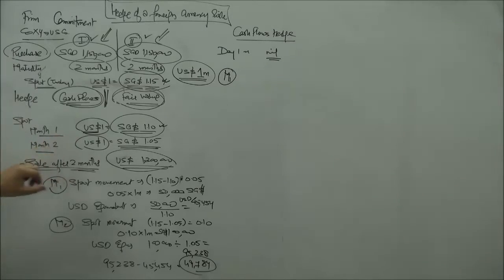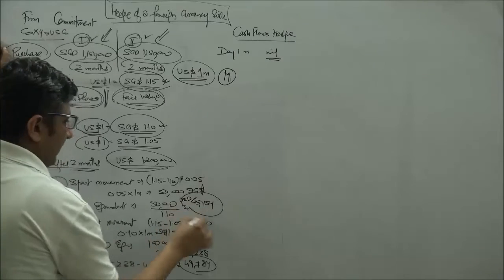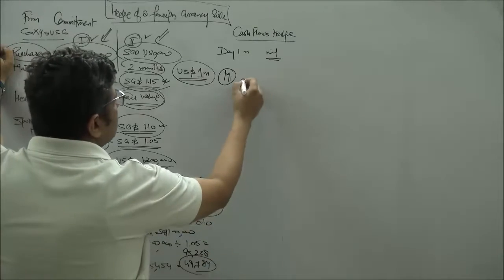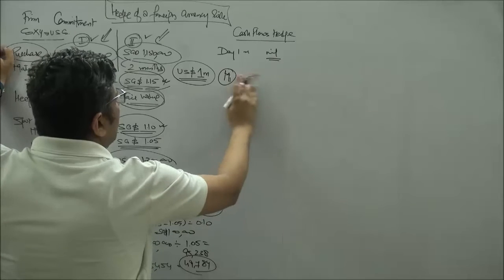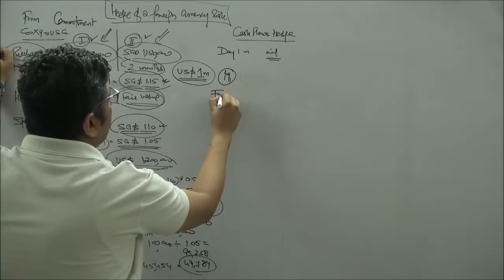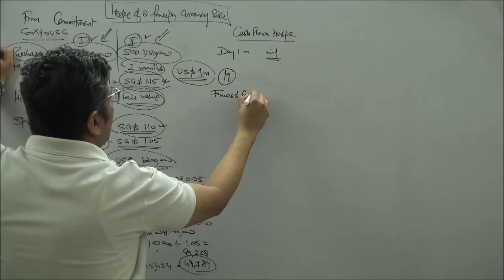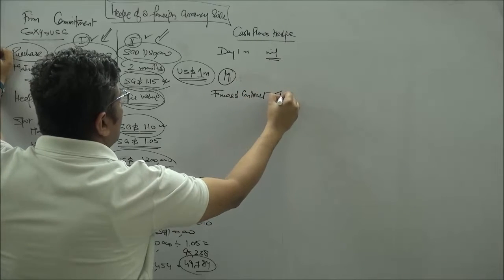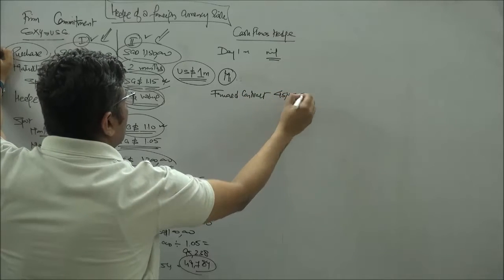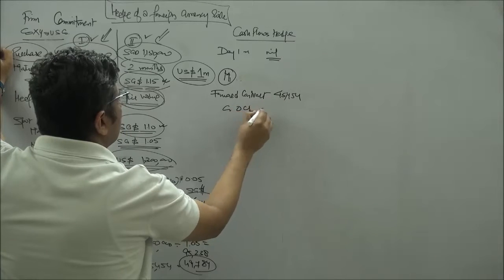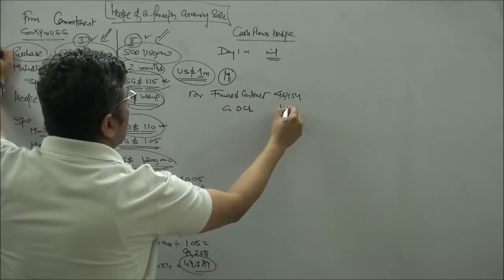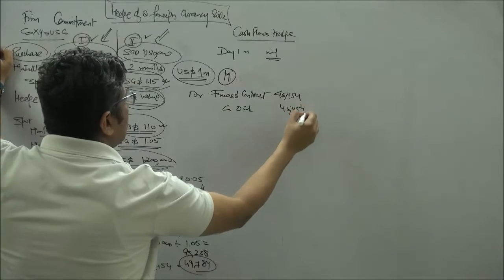So we say that this value 45454 is my forward contract, credit, of course, other comprehensive income.